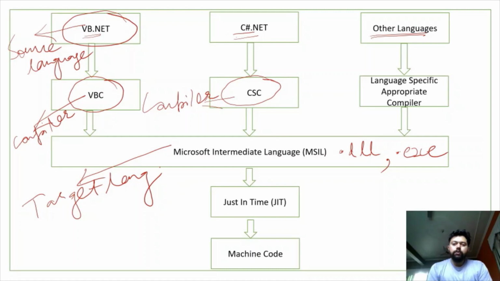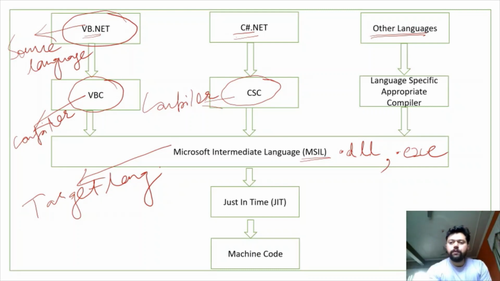If we do not use any main method, and we are creating a library to use later on, then it will create a .dll file as MSIL, as the target language, which is called intermediate language.